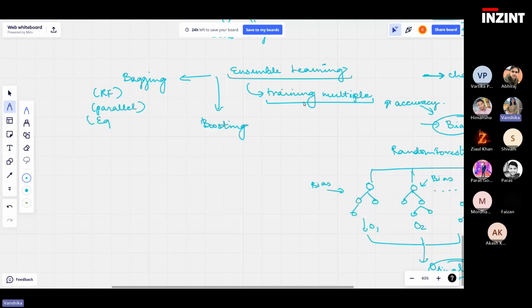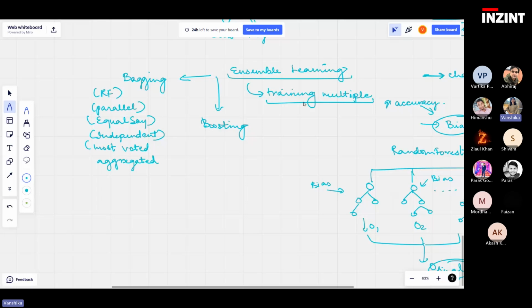Each model has equal say, because these models are independent of one another. And at last, I'm going to consider the most voted or aggregated output. So this is what is happening in bagging.